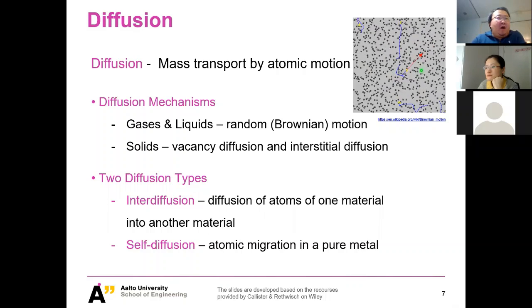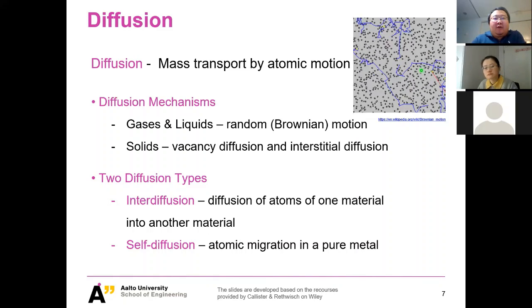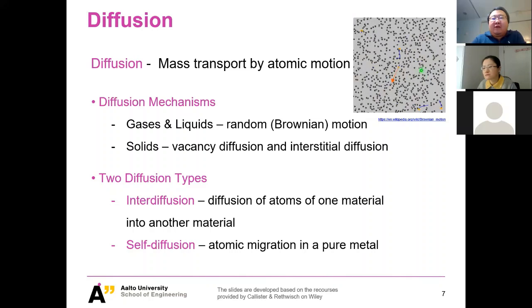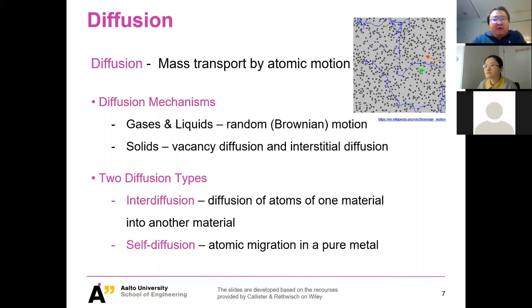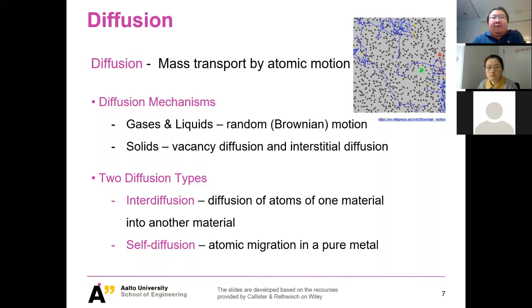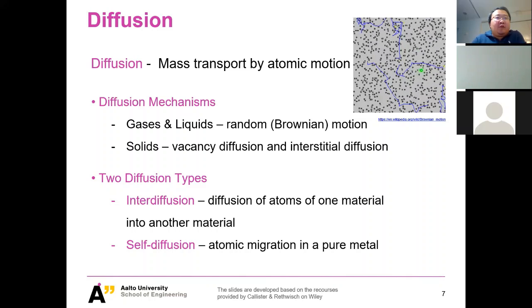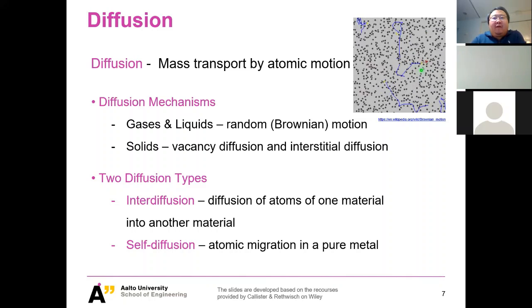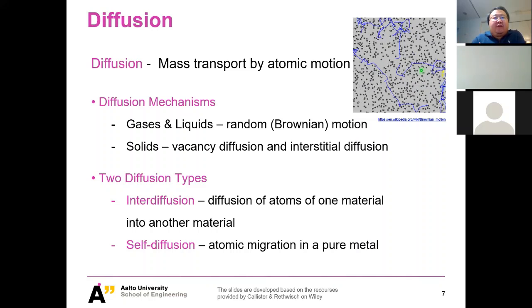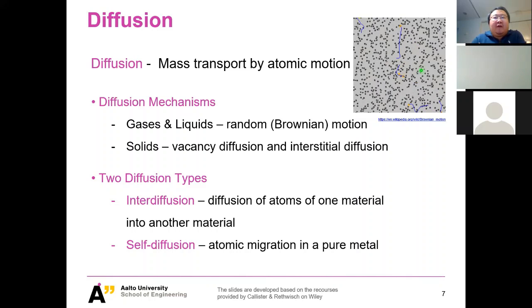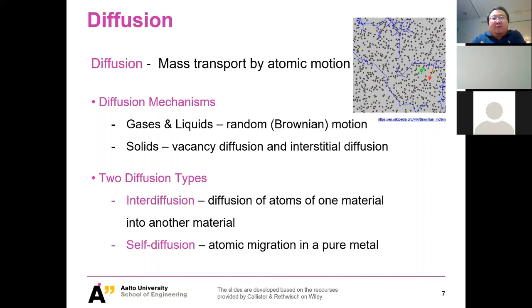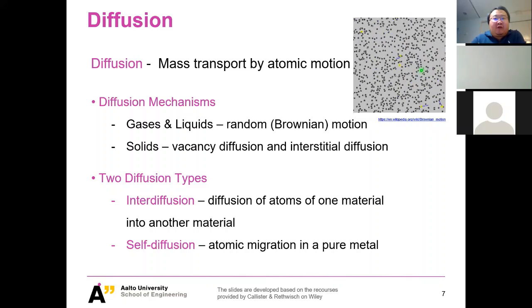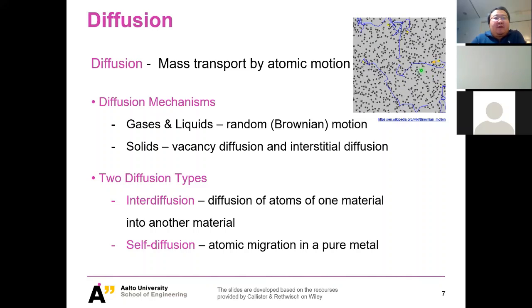With the knowledge we had from lecture 1, you should know vacancy diffusion can also be called substitutional diffusion, very much related. And interstitial diffusion has to do with the interstitial positions of our crystal structure. You will see all this in detail.